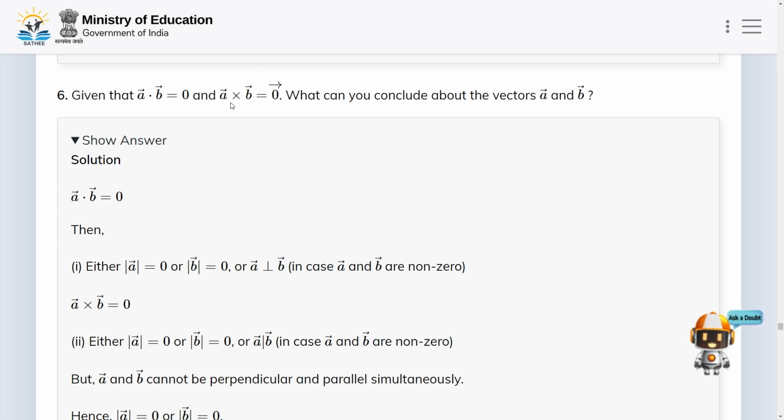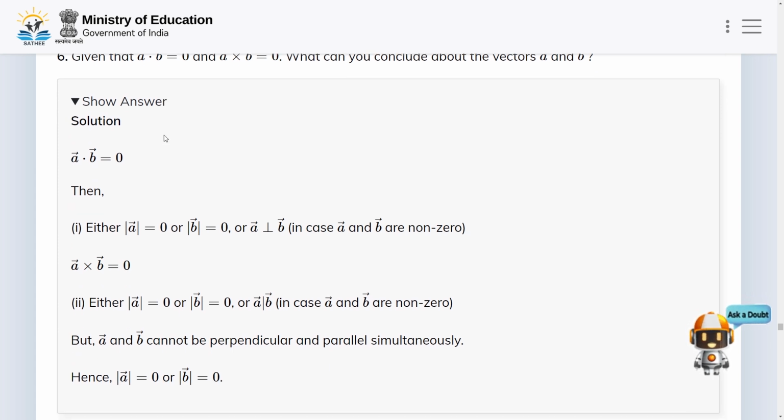If you are saying that it is parallel, you cannot say they are perpendicular. Cannot occur simultaneously. So the only possibility we have left is that either A is 0 or B is 0. So the conclusion is that either of the given vectors must be 0.